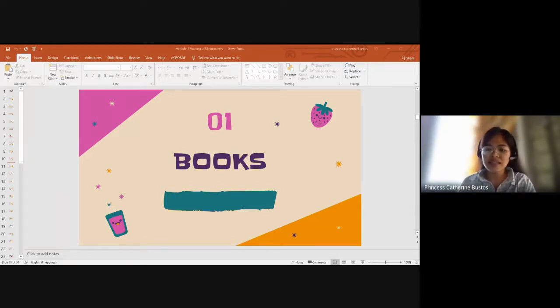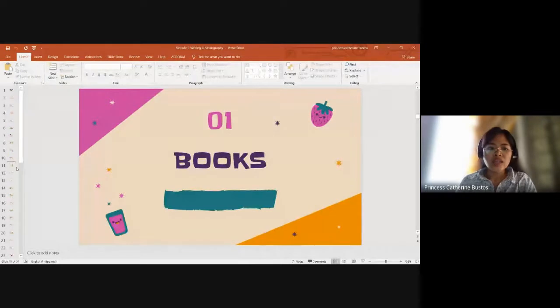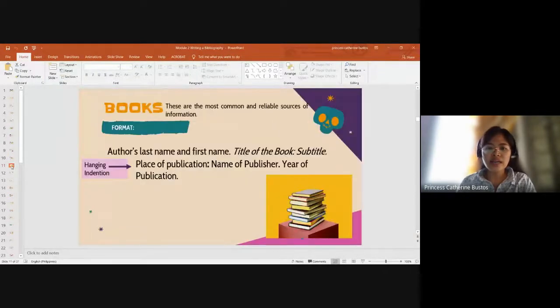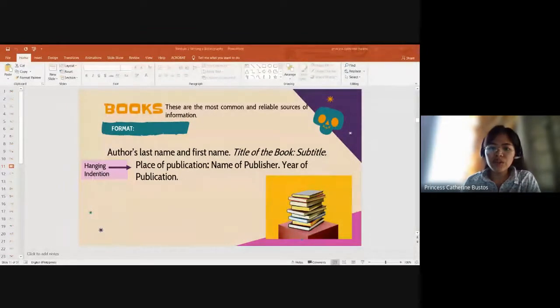Now let's discuss them one by one. As you hold your book, let us discuss this one. These are the most common and reliable sources of information. So when we say reliable, what do you think is the meaning of it? And why do you think it's the most common? And why is it reliable? Anyone from the class? Just like a friend, your friend is trustworthy.